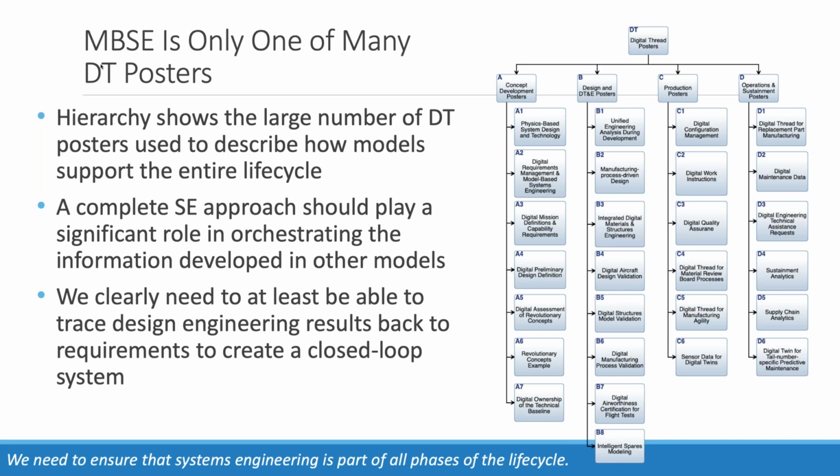And then production had 6 and operations and sustainment had 6 as well. And again, this is just a group of people coming together and saying, these are the kinds of things we ought to be doing. This still isn't probably the complete set of all the things we're going to have to do and pull together in terms of the data sets and information to create this complete picture.